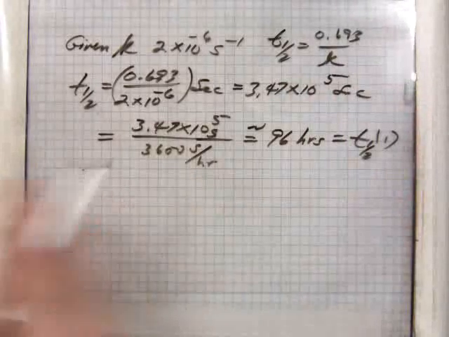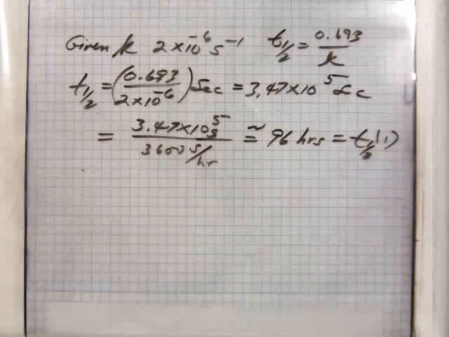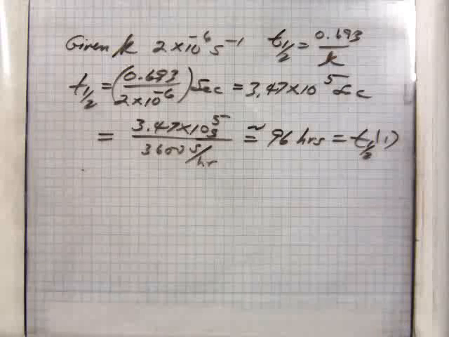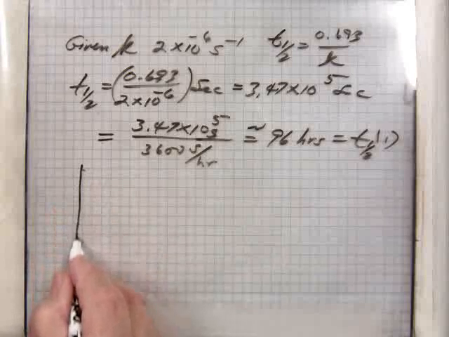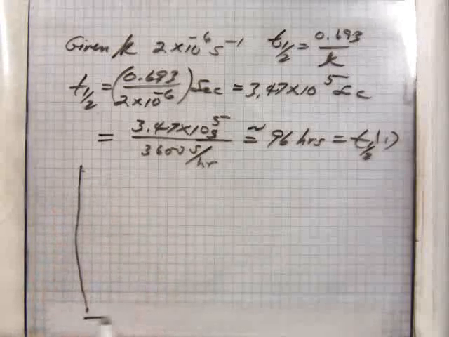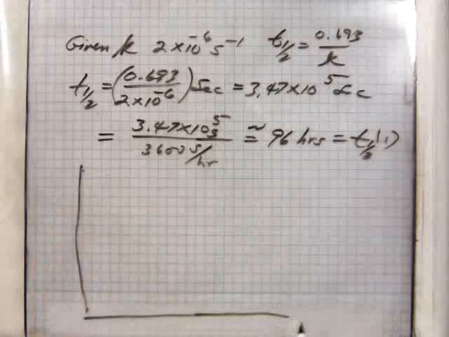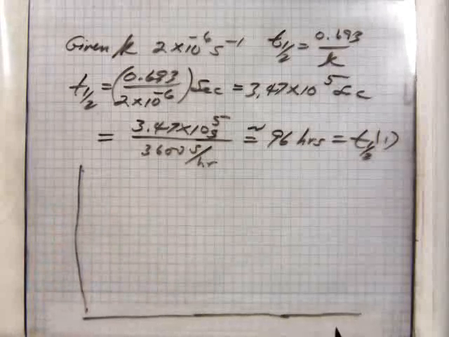Now, as you read on, it says, how many hours would be required for the initial concentration to decrease to each of the following: 25% remaining, 12.5, 6.25, and 3.125. Well, that's just a matter of splitting the concentrations in half as you go down this curve, and then adding up the half-lives.